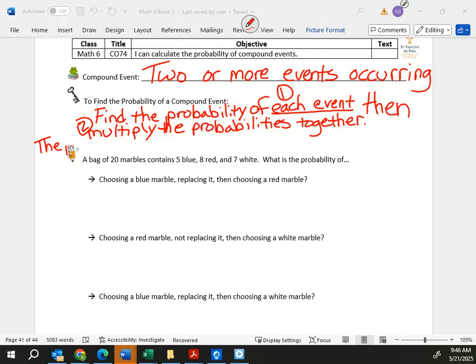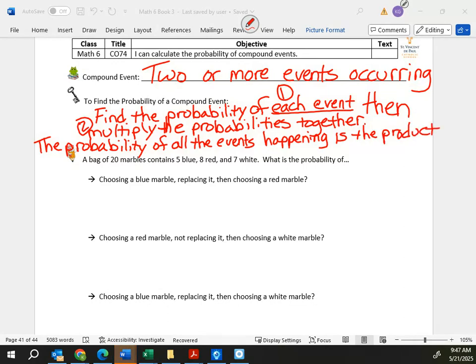The probability of all the events happening is the product, so that's the multiplication, the product of each individual event.